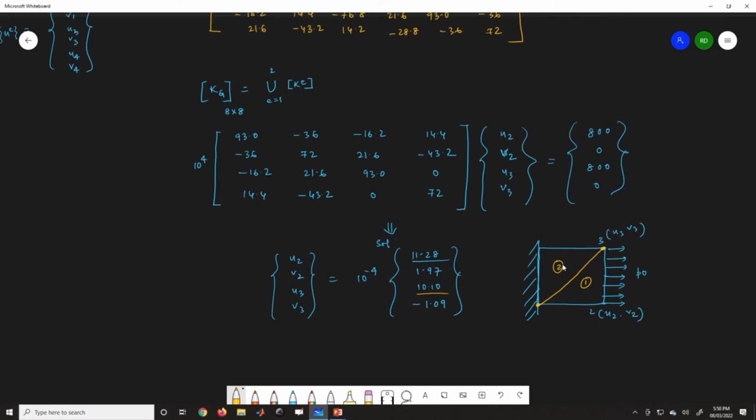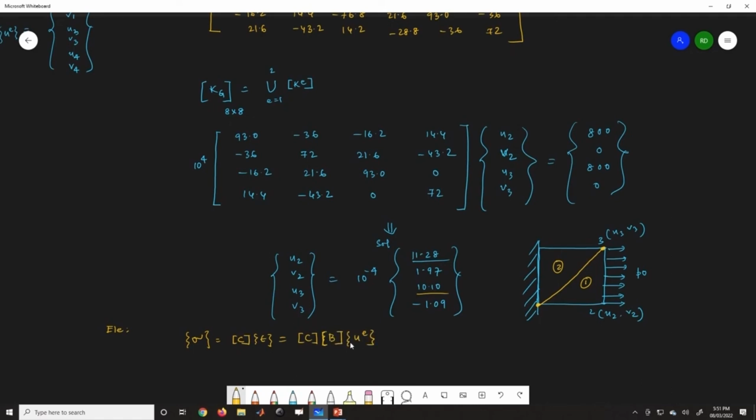Now once we find out the displacement, you can find out the stresses, because stresses have to be calculated element wise. So how can we calculate the stress? That is the sigma vector, which equals the C matrix into the epsilon vector. The C matrix you know, and the epsilon vector I can write as the B matrix into the UV vector.